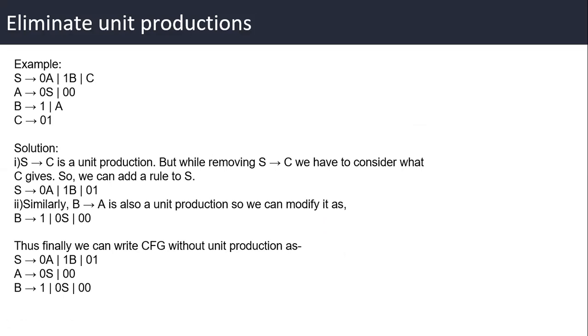So in the place of C, we can put 0 1. Next we see that B produces A. So B is directly deriving a variable. In the place of A, we put the production produced by A. A produces 0S and 00, so we put 0S and 00. Thus, finally, we get a grammar without unit production.